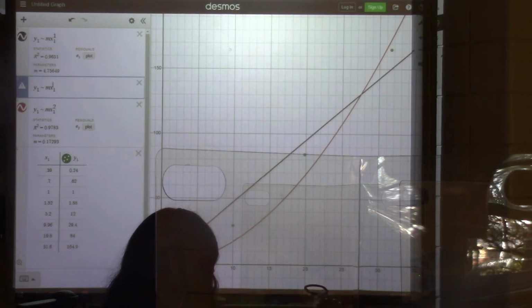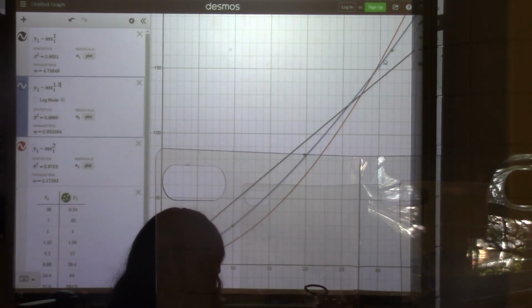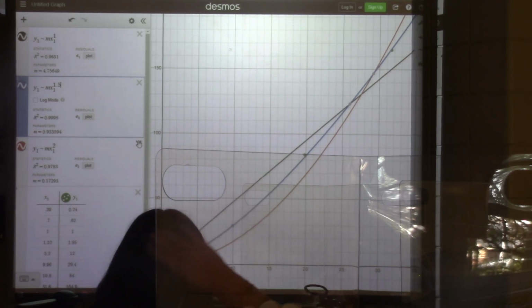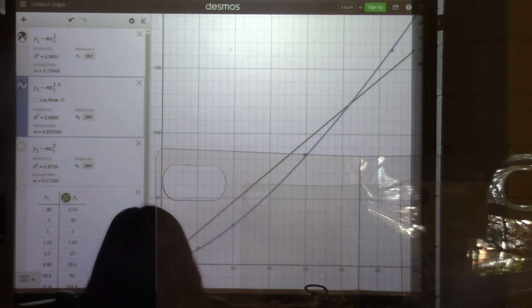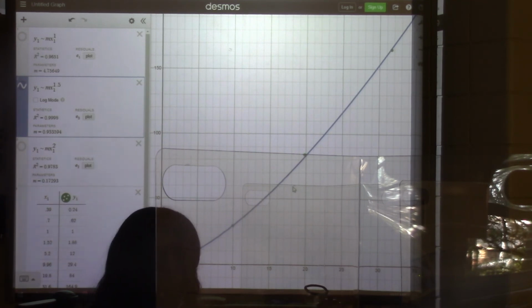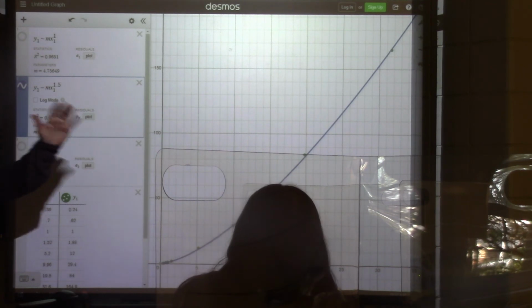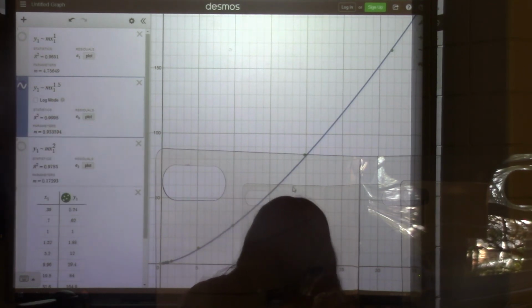If 1 is not enough and 2 is too much, raise it like 1.5. Look at that. Whoa. What do you think about that? It's the most amazing thing ever.